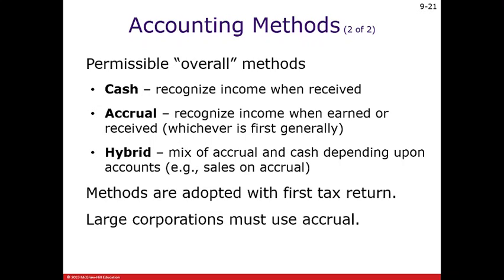How do you adopt your overall method? Well, you simply file your first tax return. And once you do, you got to keep using that method unless you get the permission from the IRS to change your overall method.